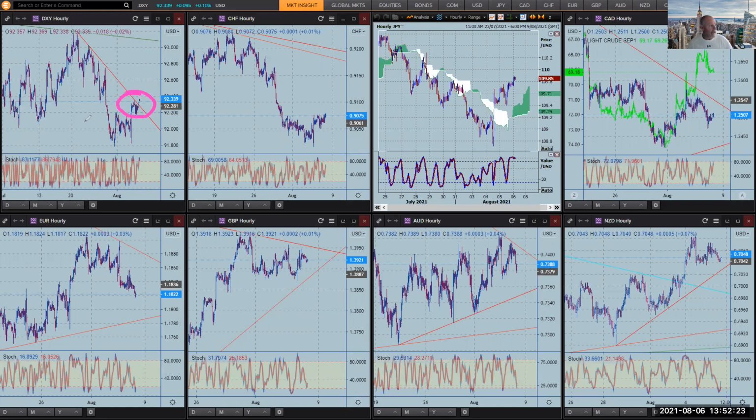As I said, the dollar index looks like it's ready for a move higher. The next move will determine this. But we've got that trend line, right? That creates liquidity around that area. Dollar Swiss is a bit of a horizontal level there, but it's in the middle of nowhere, so it's probably going to be a little more volatile. Dollar yen also.